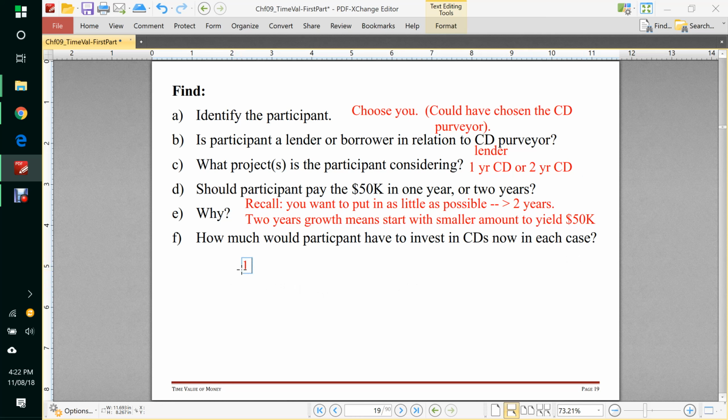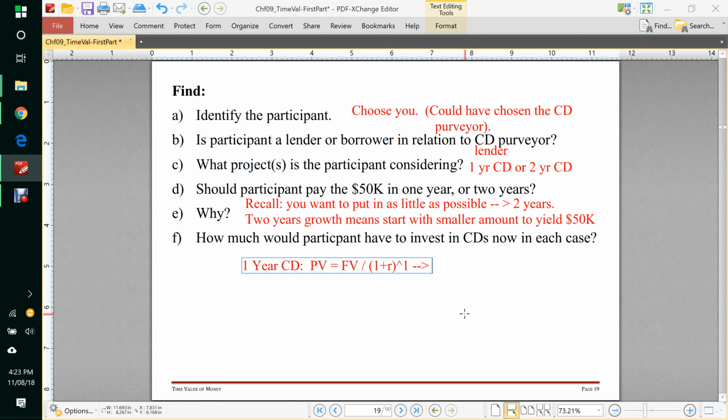Okay, so for the 1 year CD, PV is equal to the FV divided by 1 plus R raised to the 1.